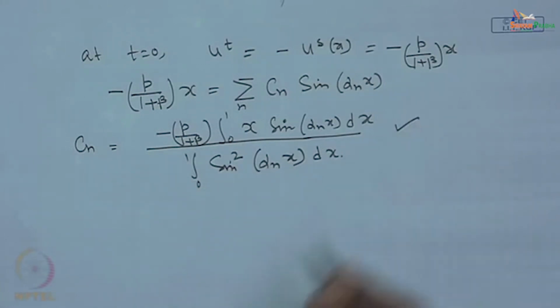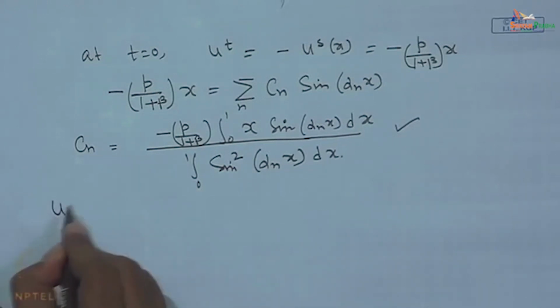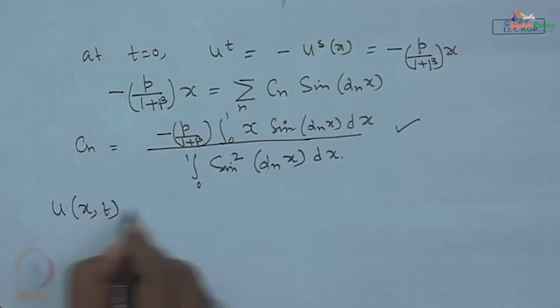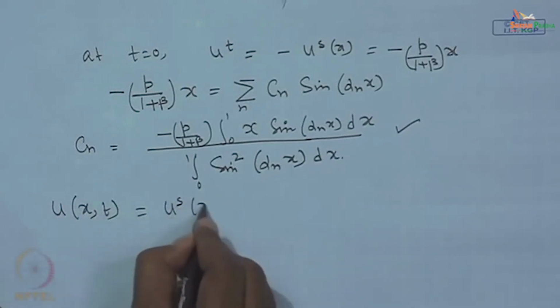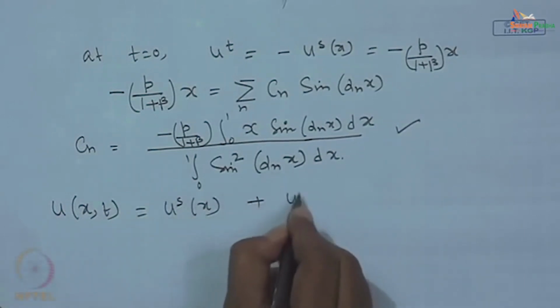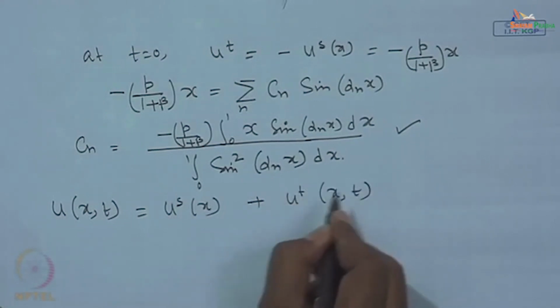So, this can be solved and we will be getting the complete solution as u as a function of x and t, which should be u s, a function of x alone, plus u t, a function of x and t both.